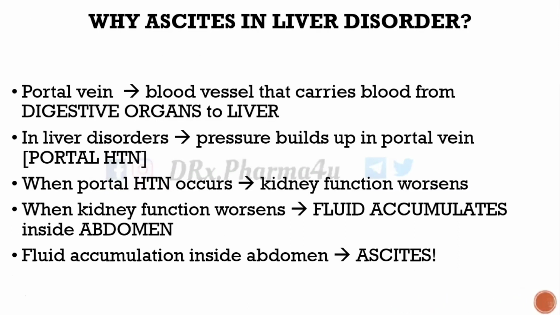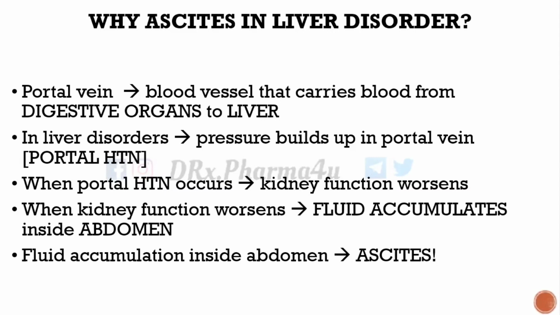Why ascites in liver disorder? As I said in the previous slide, ascites does not happen rapidly. It happens as part of a slow process. Ascites is a kind of fluid-filled content that accumulates in the peritoneal area or the lower part of the abdomen.